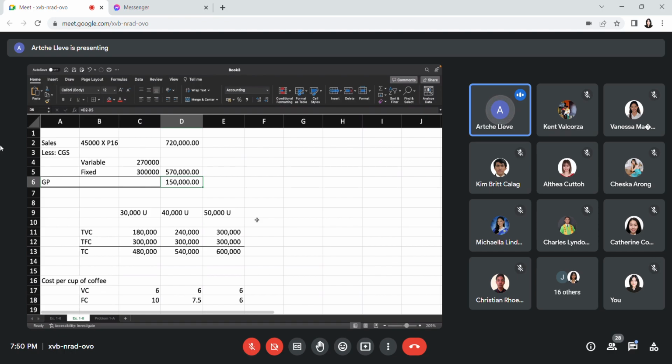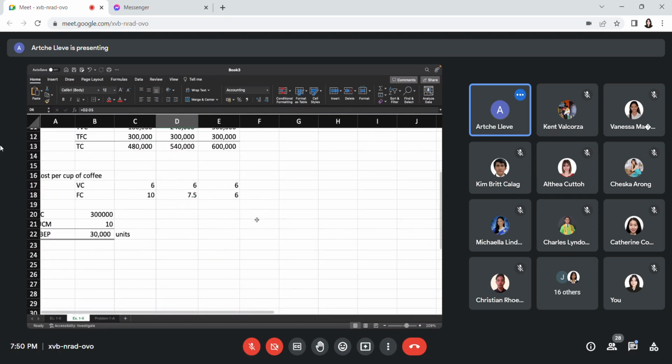When I say break even, it means no profit, no loss, so exactly 0. To solve that, it is simply fixed cost divided by unit contribution margin.